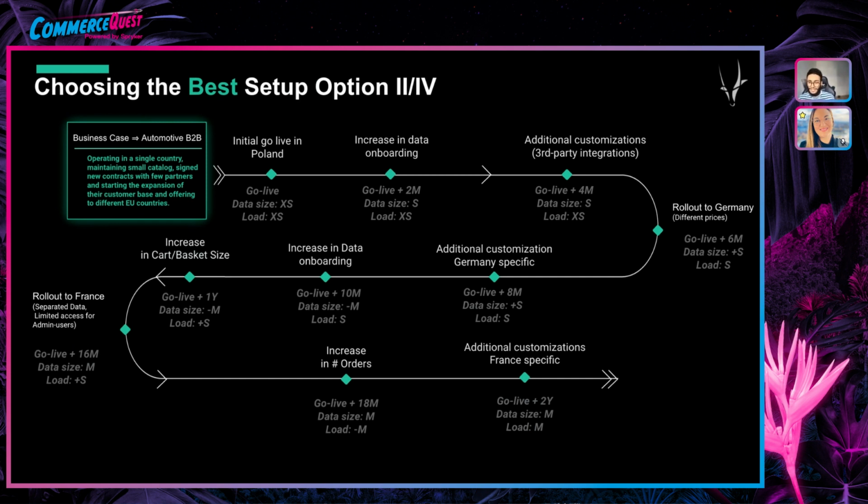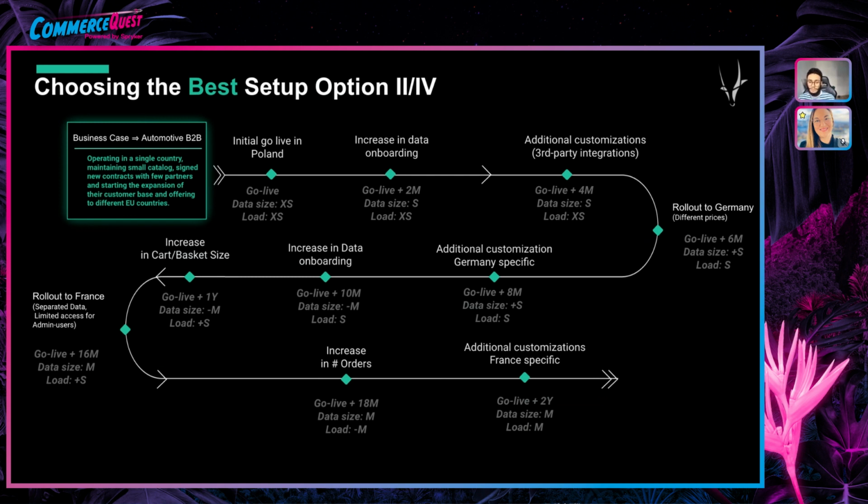And the next step, at go live plus 1 year 4 months, would be the rollout to France. And they would like to have fully separated data, limited access for the admin users, and the functionalities would be sharing some features from the main one, but not all the customizations.